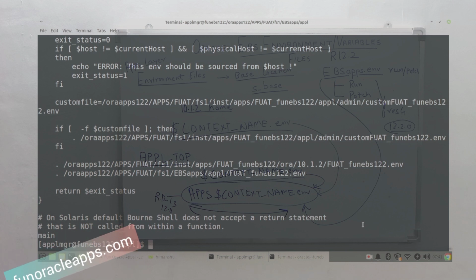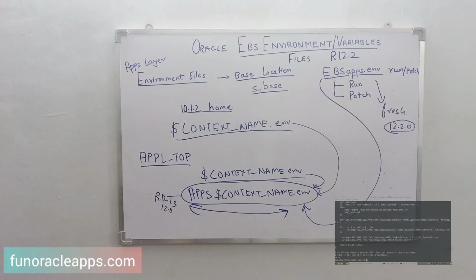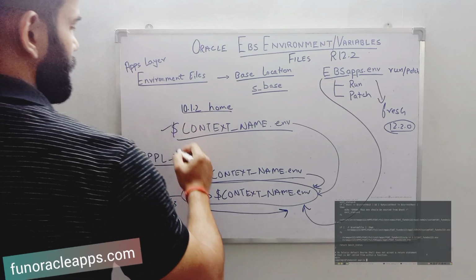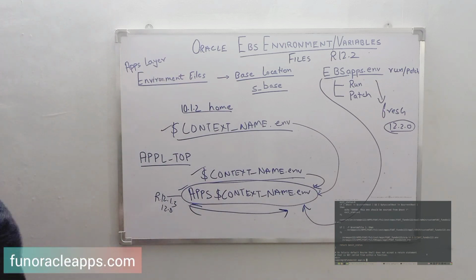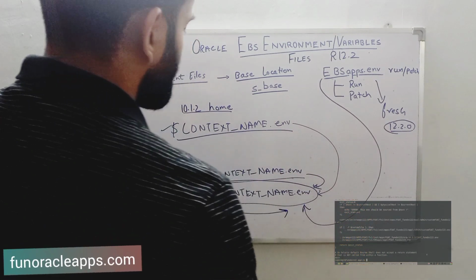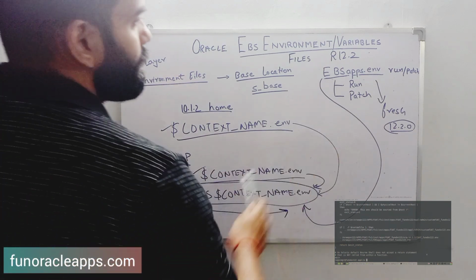So where should you set it? The important variables that you don't want to get overwritten, if you write them in any of these files, they will get overwritten, which is not very advisable. If that is getting overwritten, then it is not of much use. So what should you do?